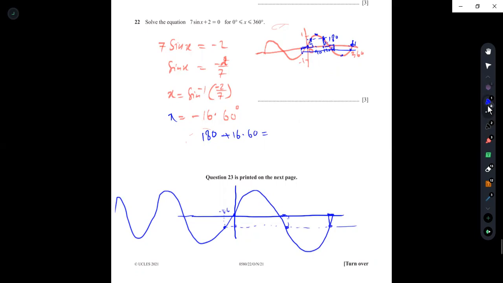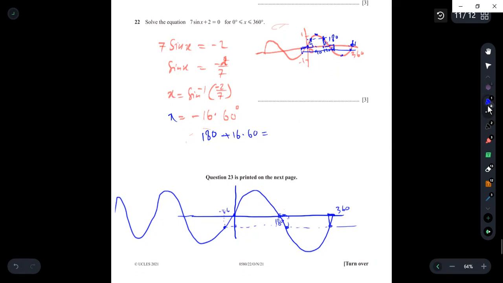So we know that from 0 to this point is 360 degrees. And half of this is 180. This is 180, this is 180, total is 360. So from 180, we have to go 16.6 more. So that's why I wrote 180 plus 16.6. And from this point, this is 360, we can come back to this point, which has the same value.